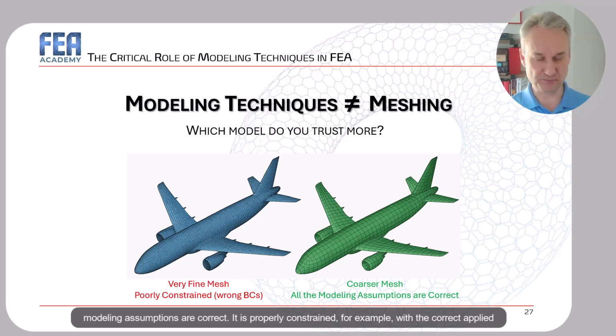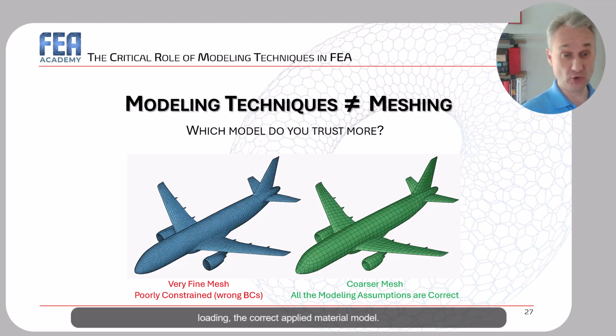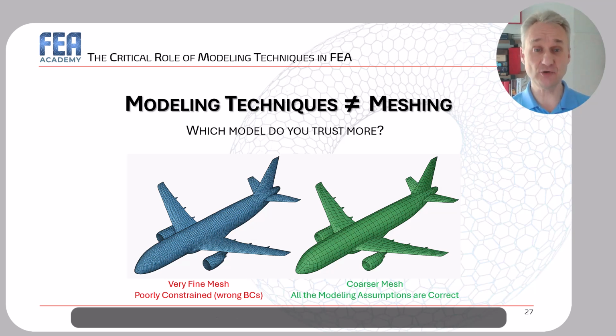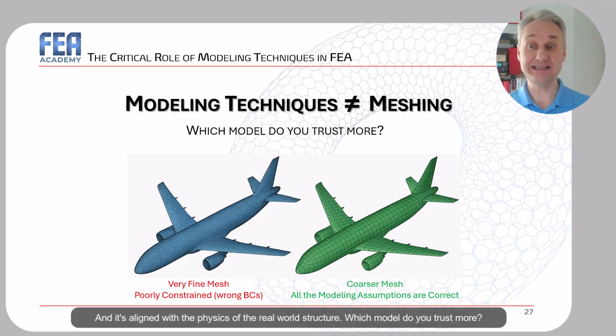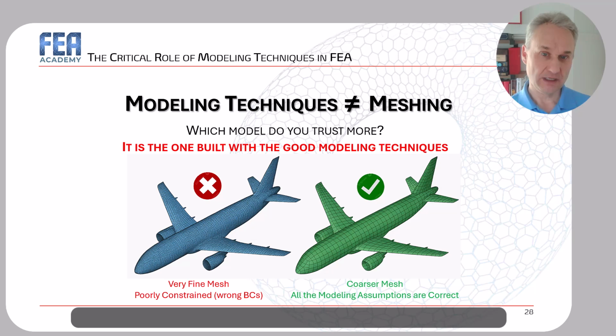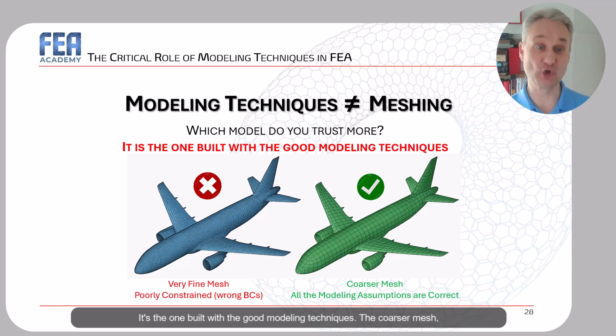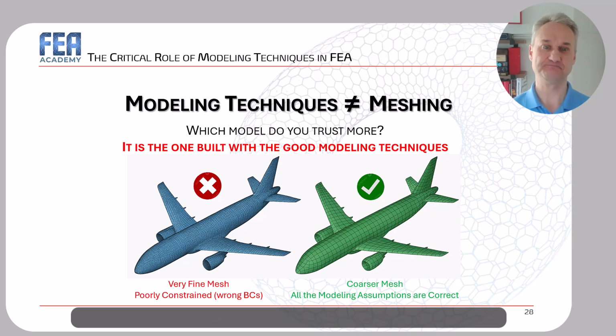It is properly constrained, for example, with the correct applied loading, the correct material model, okay? And it's aligned with the physics of the real world structure. Which model do you trust more? It's the one built with the good modeling techniques, the coarser mesh, okay?